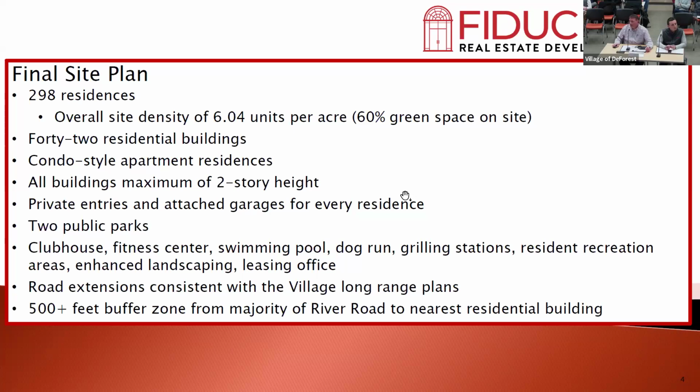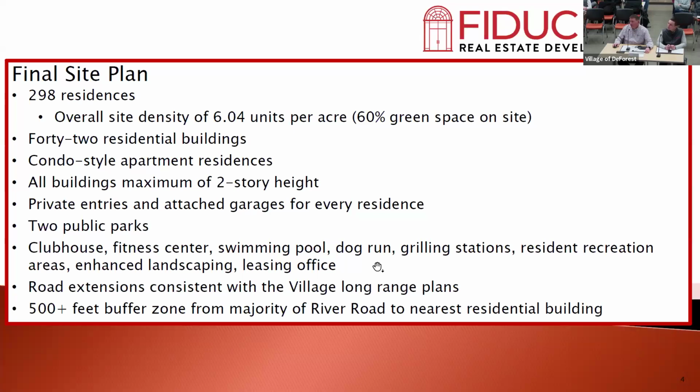2 public parks on this site. The clubhouse incorporates a fitness center, swimming pool with a sun deck. The dog run is located, I'll show you where we end up with that. And then for site amenities, we've got grilling stations. There's great opportunities for resident recreation on this site.